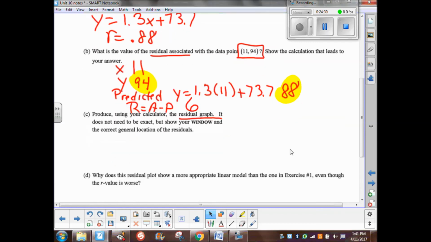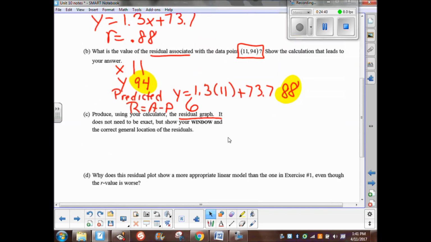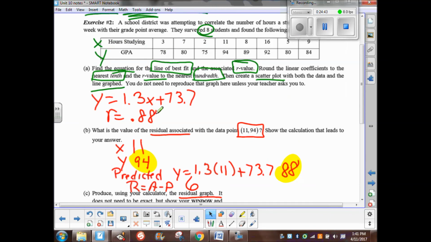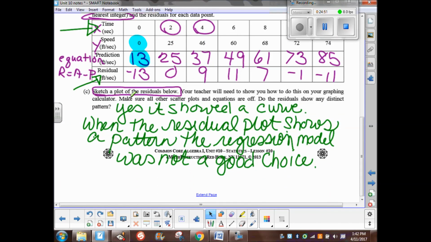Okay, we did that. Why does this residual plot show a more appropriate model than the one in exercise 1, even though the R value is worse? So our R value here is 0.88. Back here, our R value was 0.94. Okay, but when we looked at this residual plot, we saw a shape, and we said, okay, linear is not a good model.